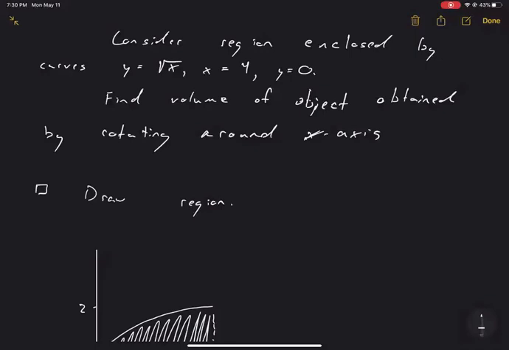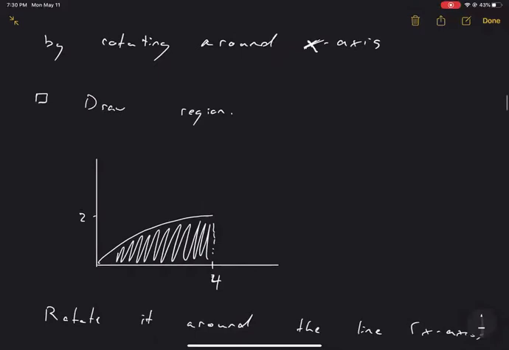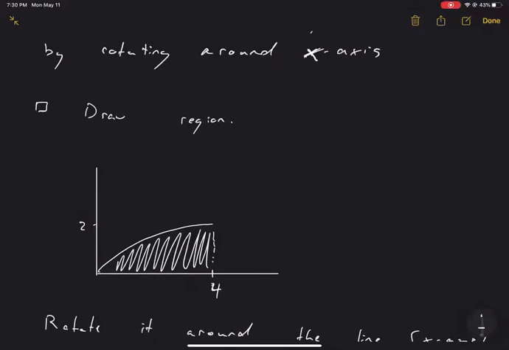There, fixed. So let's start with the region bounded by y equals square root of x, x equals 4, and y equals 0. And then let's find the volume of the object we obtain by rotating that region around the x-axis.